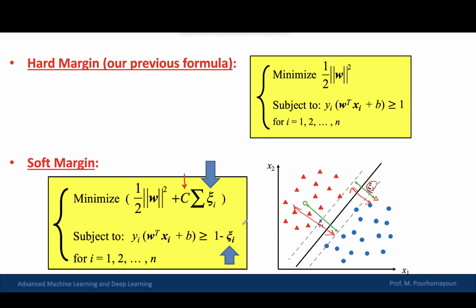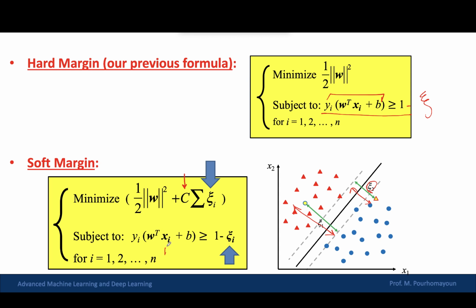But generally speaking, the idea is that this was our original constraint. I wanted everything to be on one side of the line. By minus xi, okay, I make it a little bit more relaxed. Let some of the samples be on the other side of the line.